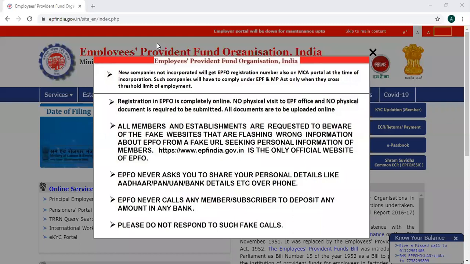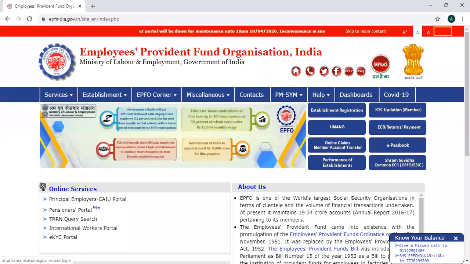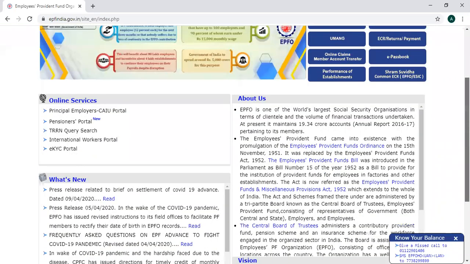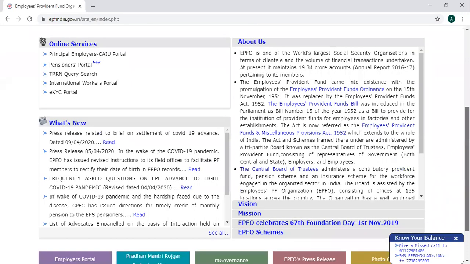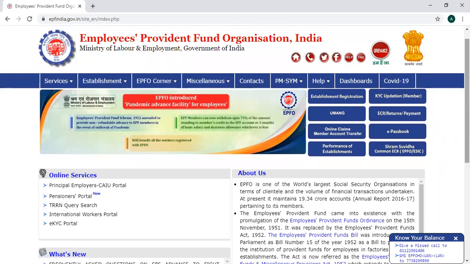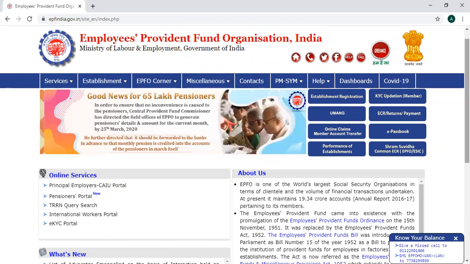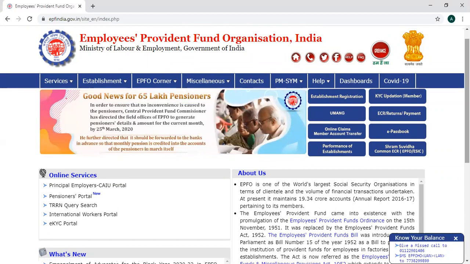So this is the website of the Employees Provident Fund Organization of India, and all the important information, the objective of the website, the mission and vision, and whenever any amendment is made from the government side, that is mentioned on this website. So this is an authentic way that we should approach to understand the new schemes or any amendments regarding the base wage on which the PF is calculated, because every time the base wage is changed.